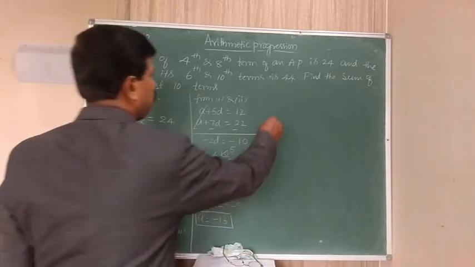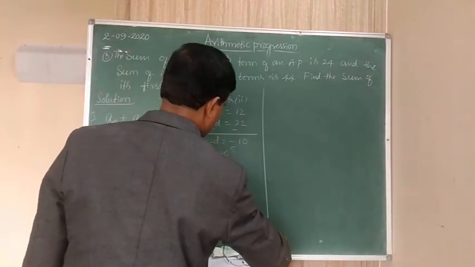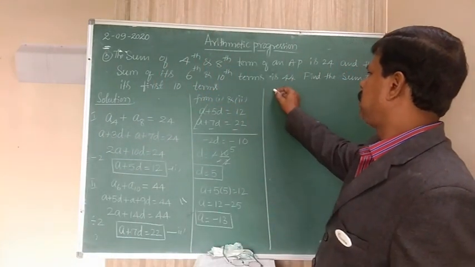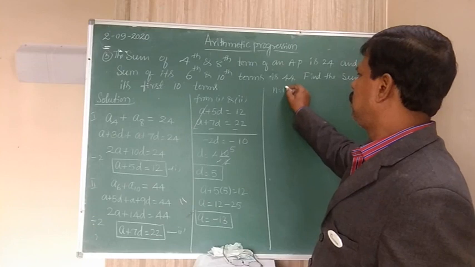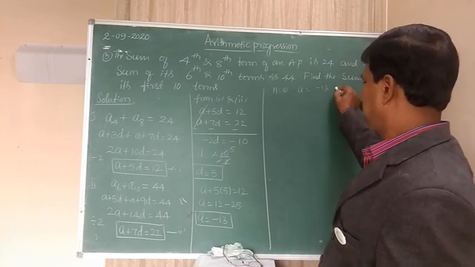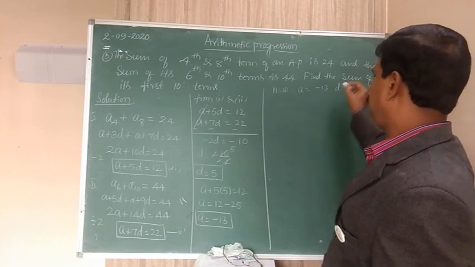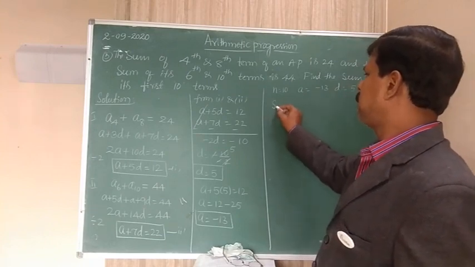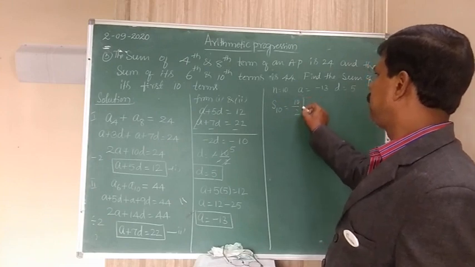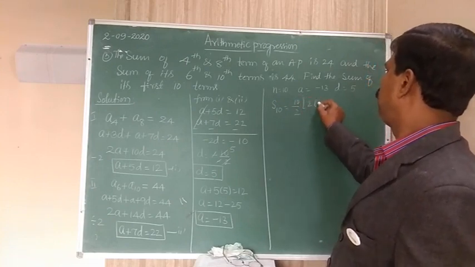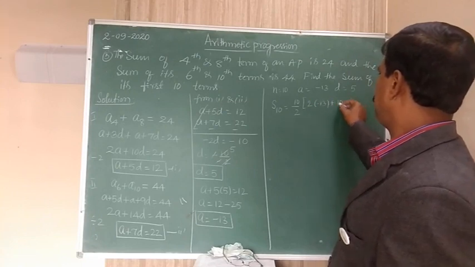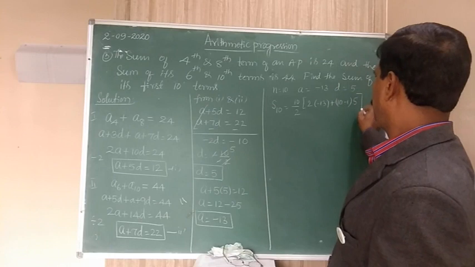Now find the sum of first 10 terms. That means N is equal to 10, A is equal to minus 13, D is equal to 5. Then S10 is equal to 10 by 2 into 2 of minus 13 plus 10 minus 1 into 5.